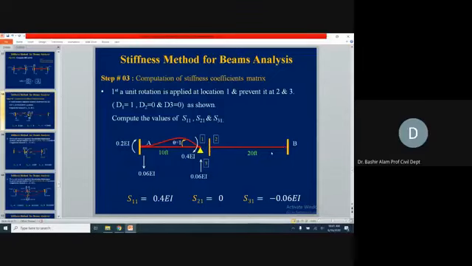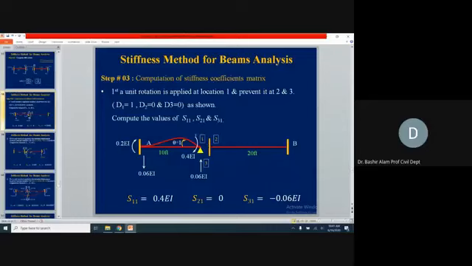So all the member end actions for this right portion are 0. Coming to pick the values of the stiffness coefficient matrix. Now remember, the first column of this stiffness matrix will be generated from here, as well as the AMD first column is going to be generated from here.